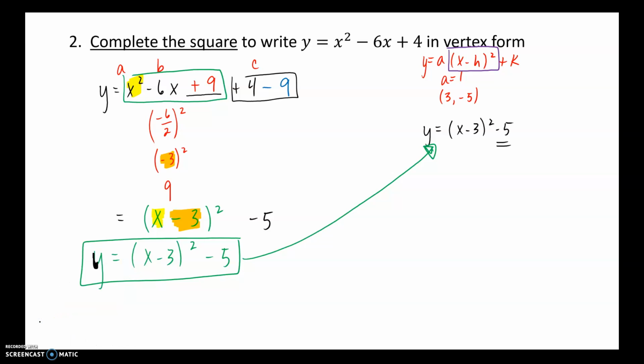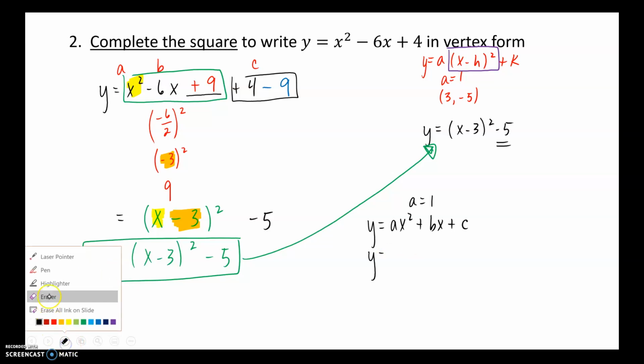Okay, so let's go back through this. There's your standard form. When a is equal to 1, we complete the square. Let me write that as a 1. So a is equal to 1, so I don't really need it there.